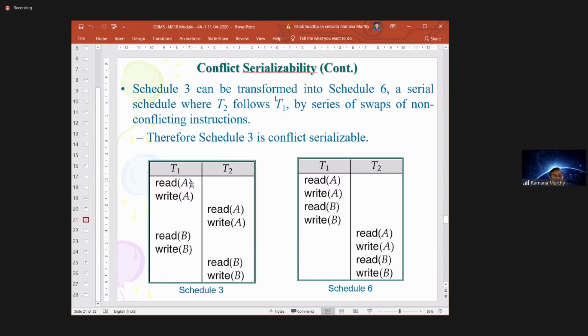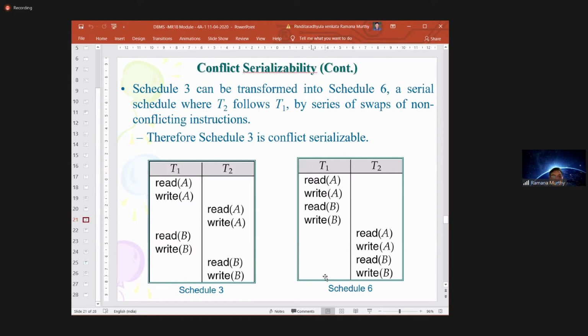transaction Ti reads the value Q. Here we have two values, A and B, but let us call it a single variable. There is no B, only A. That A we are calling Q. If in schedule S, Ti is reading initially the value of A, then in schedule S bar also, Ti must read the value.